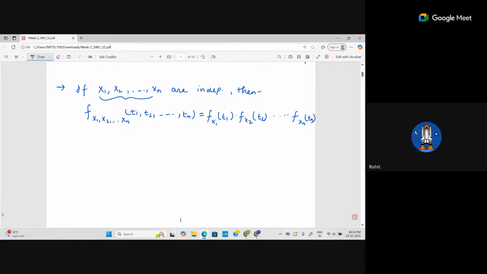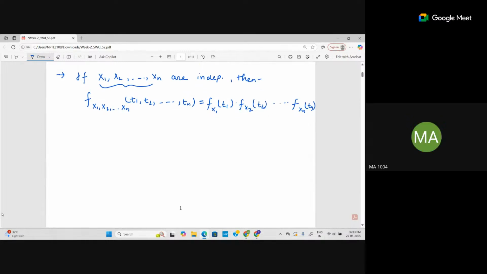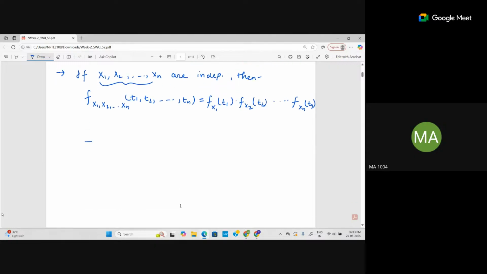Yes, ma'am. So basically, all the subsets from these n random variables will also be independent if these n random variables are independent. Okay, so this is for independence.